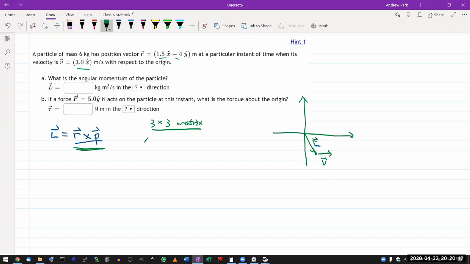The first row has the unit vectors, x hat, y hat, z hat. The second row, and the order matters here, has the first of the two vectors, in this case r. So I have the x component of r, y component of r, z component of r. And the last row is the second vector. So I have the x component of momentum, y component of momentum, and z component of momentum.